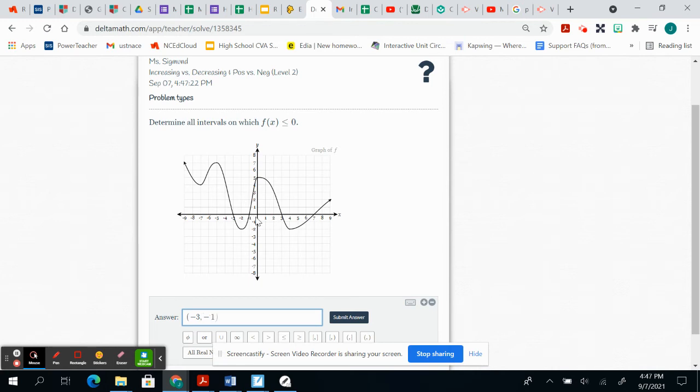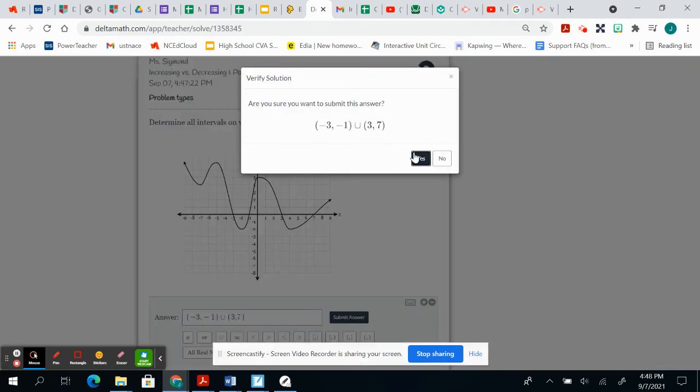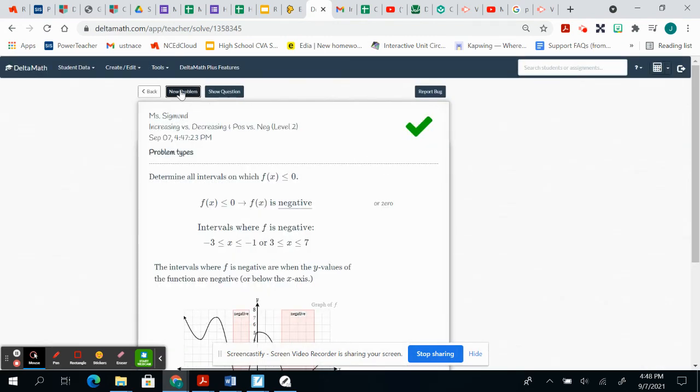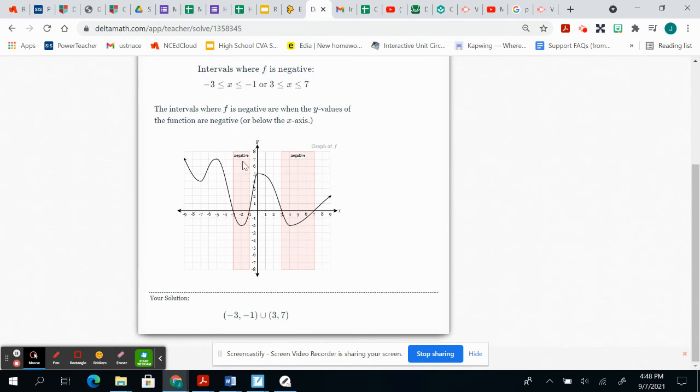So that's going to be that domain interval. And then we're in the positives. So we're going to do a union because that's an and it's going to start at 3 and go again until 7 when it comes above the x-axis. And those are our two negative. So when y is less than 0 intervals.